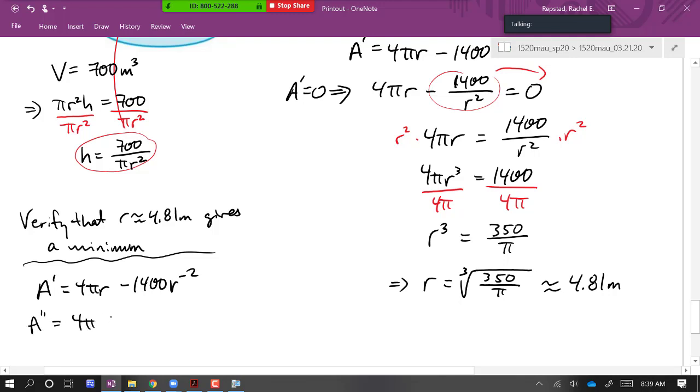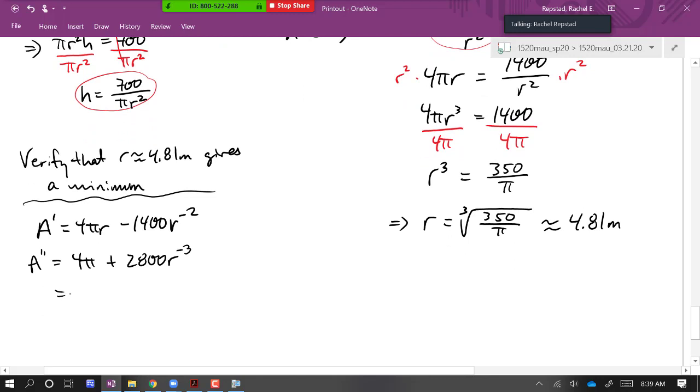So we get 4 pi plus 2800 r to the minus 3, or 4 pi plus 2800 over r cubed.